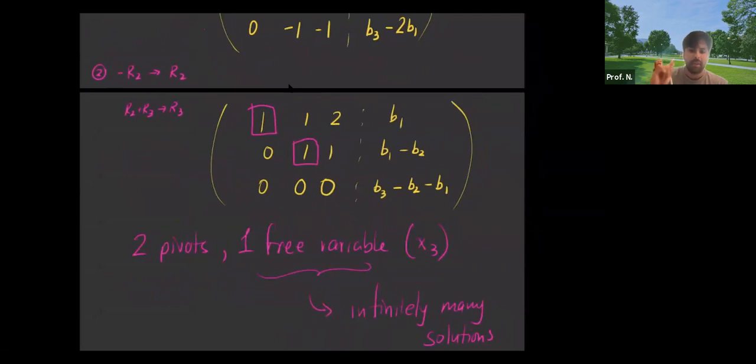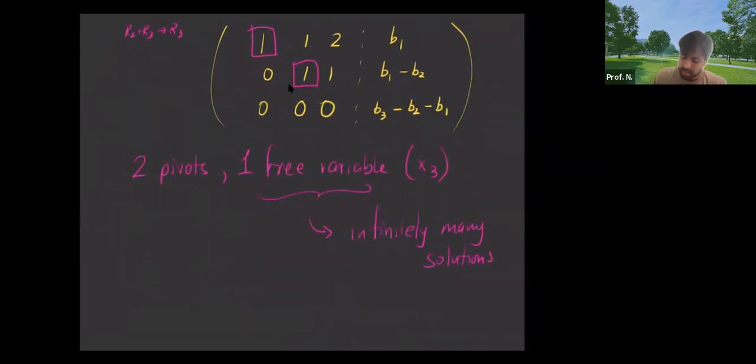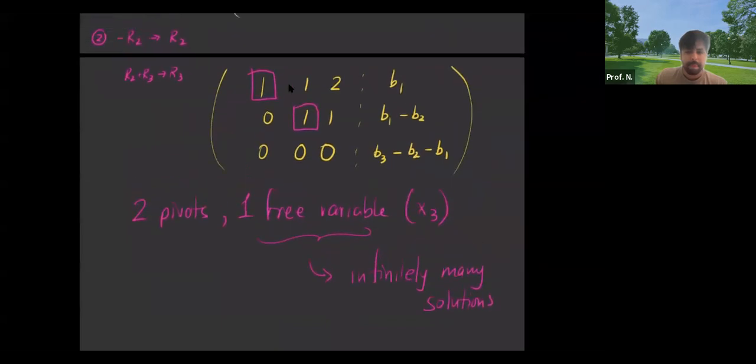But I have to be careful about this. When do I have infinitely many solutions? What is the condition? B3 minus B2 minus B1 cannot be 0. Actually, it's the opposite of that.